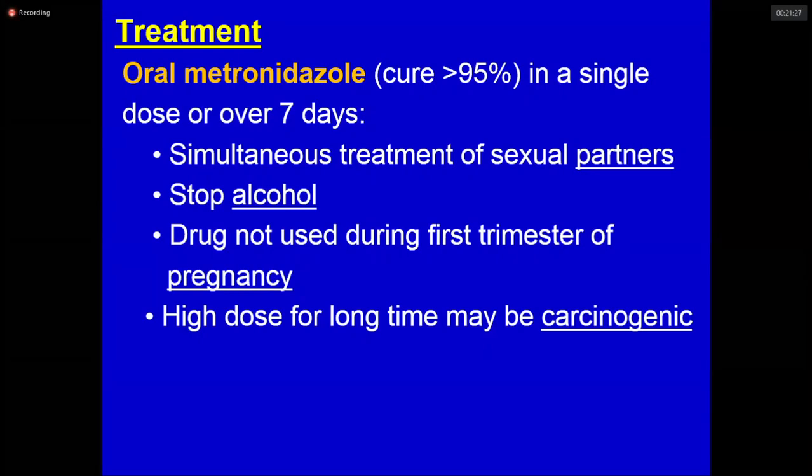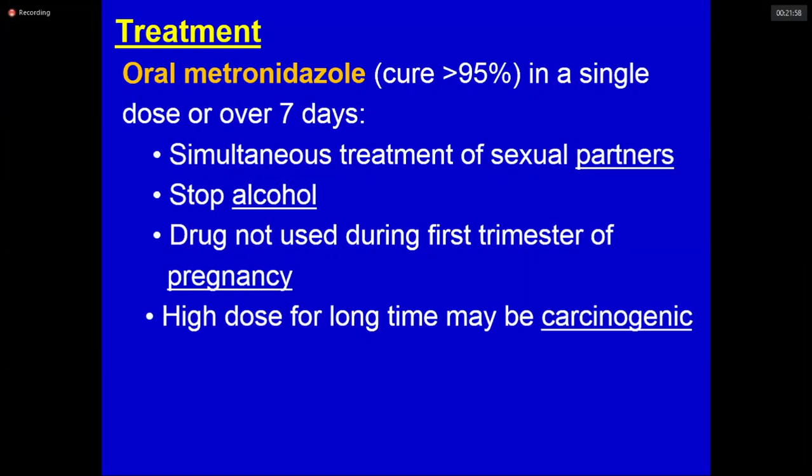As I said from the beginning, simultaneous treatment of sexual partners. Because the patient is taking metronidazole, they should stop alcohol. This is from Western country literature. You know, alcoholism is common in Western countries. So any patient taking metronidazole should stop alcohol intake.